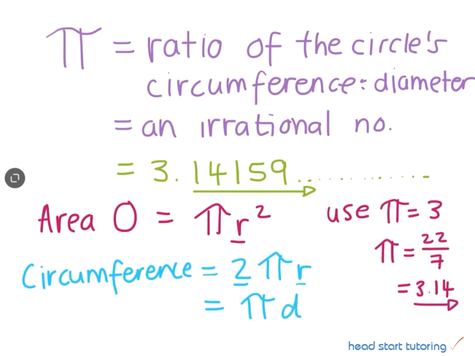Because 2 times your radius is equal to your diameter, because your diameter is double your radius, we can use either of these formulae. It doesn't make a difference. Right, so this is how we would incorporate pi into working out the area and circumference of our circle.